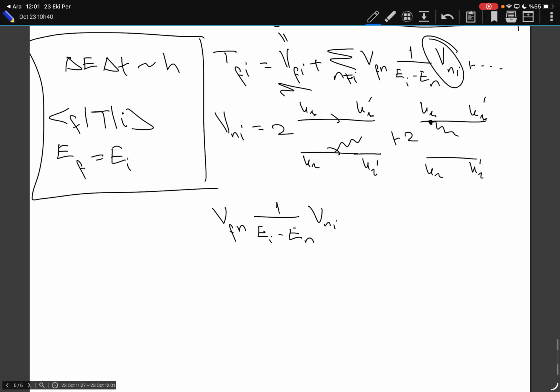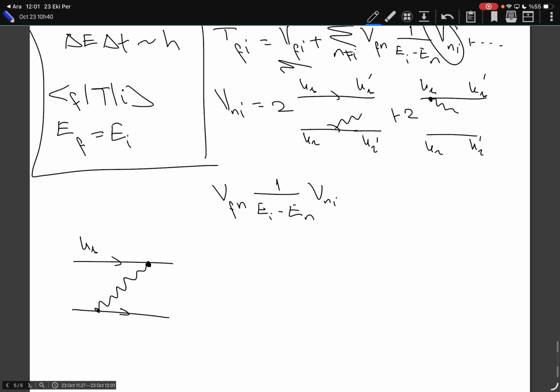So I have this one where this emits the second kind of particle. The other one should absorb the same kind of particle. I have K1 and K2. And here, let's say at this state, they are K1 prime and K2 prime.